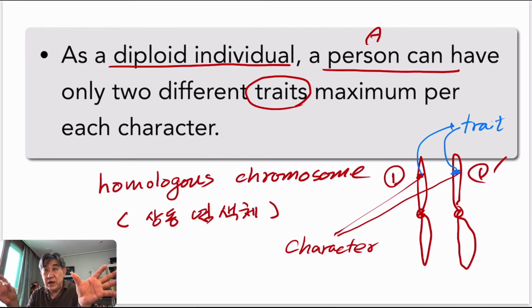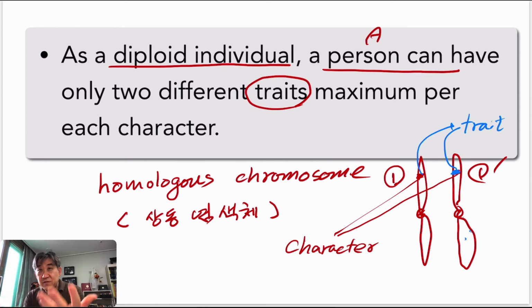You do have a character defined by a gene, but depending on the actual DNA sequence variation, because one chromosome came from your father and the other from your mother, and your mother and father and their ancestors have been living independently, there is no reason why their DNA sequence should be identical in any given region, due to mutation. So there's no reason to expect their DNA sequences to be 100% identical. As a consequence, you may have a little bit of difference represented in different traits.